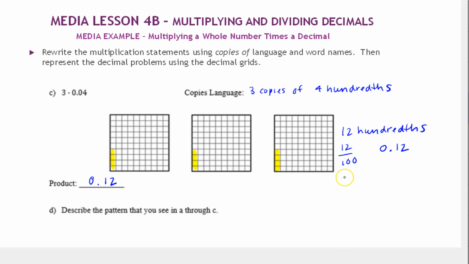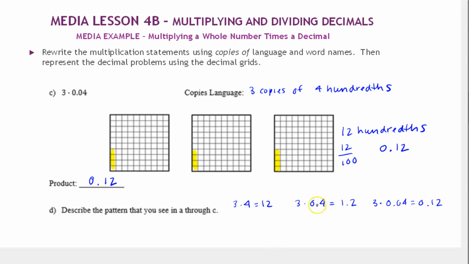So let's think about the pattern. So we saw that 3 times 4 is 12. We saw that 3 times 4/10 is 1.2. And 3 times 4/100 is 0.12. So in each of these, you should look for your own patterns and pause if you need to.